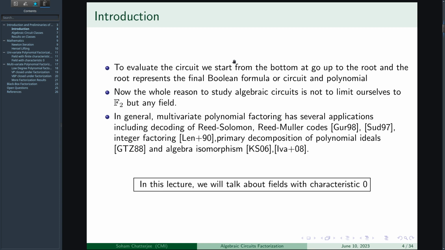Now, polynomial factoring has several applications in the world of computer science. In coding theory, it is used in Reed-Solomon codes and Reed-Muller codes. It is also used in cryptography, integer factoring, and many other things. You can see these references to find those.